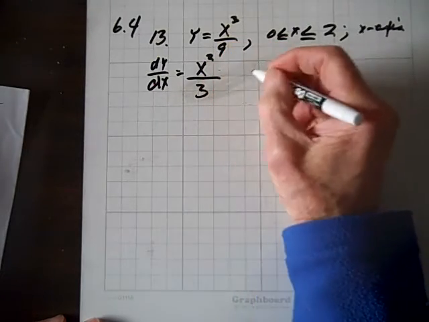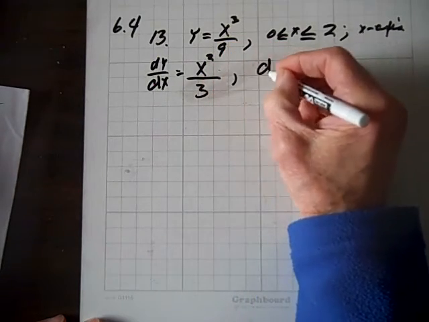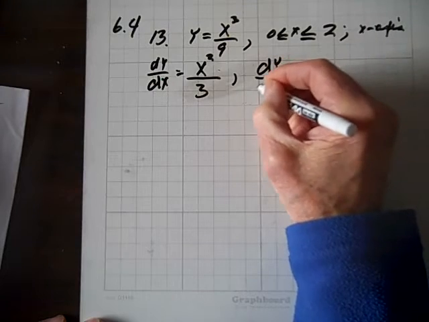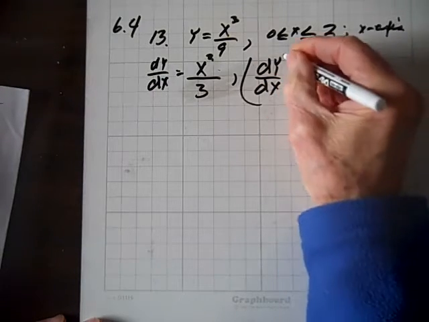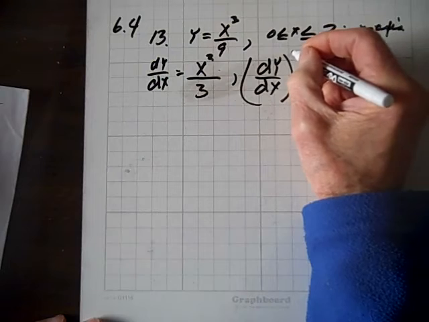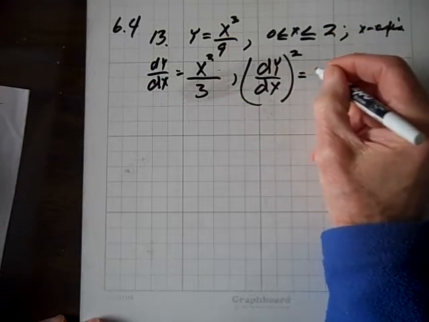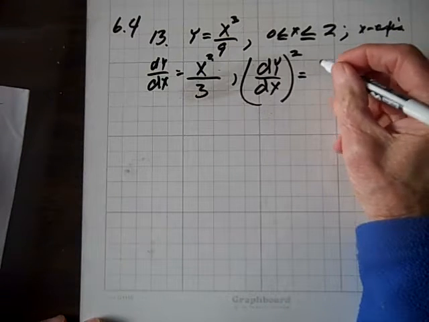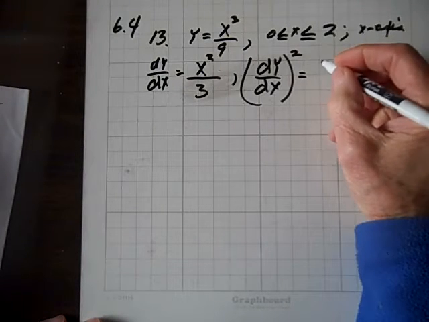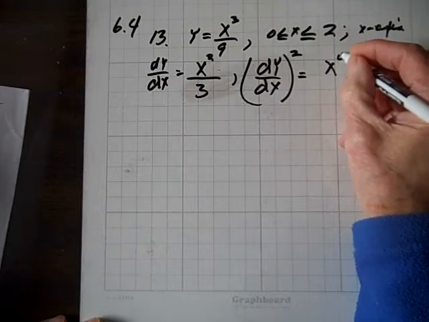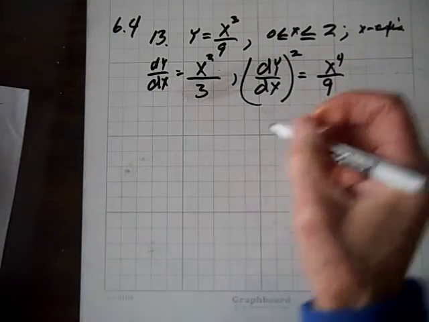Now, the next task is to square that derivative. And so we can apply the formula in the book in this section. So anyhow, we get x to the 4th over 9.